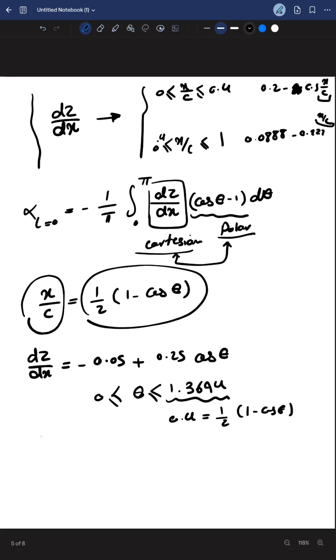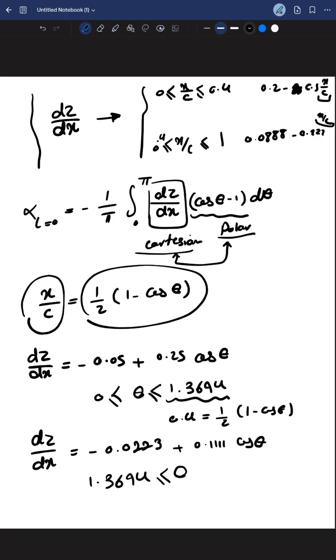Okay. For the second part of this line, the camber line, we are going to have negative 0.0223 plus 0.1111 cosine of theta. And here theta is between 1.3694 and pi.